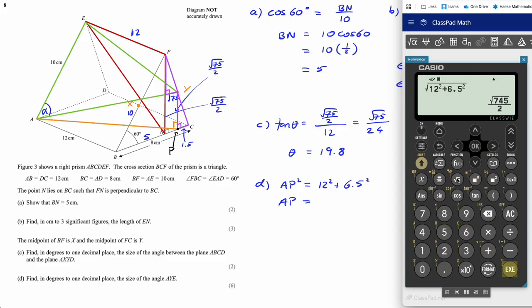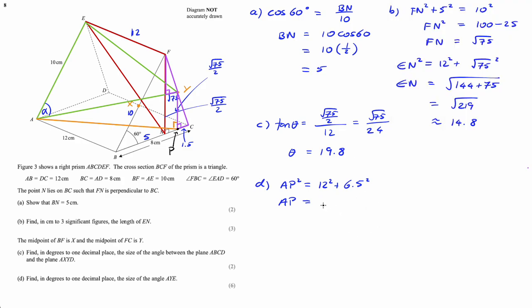Okay, so this is root 745 over 2. Root 745 over 2. So that's this guy here. Can't write it there, guys. Whatever. It's there. AP, root 745 over 2. Okay.